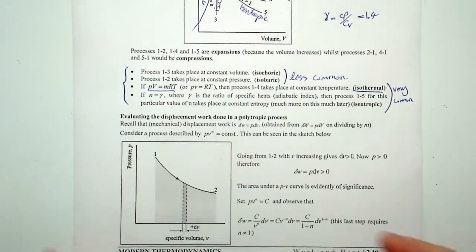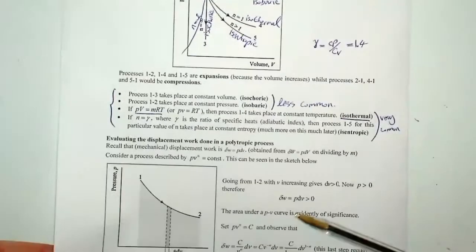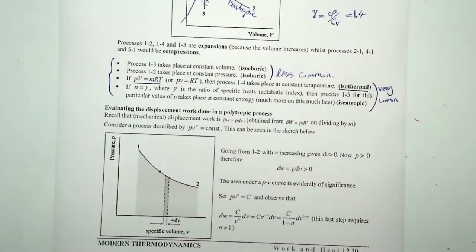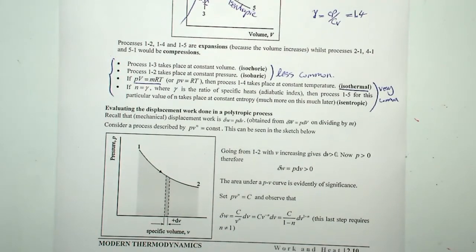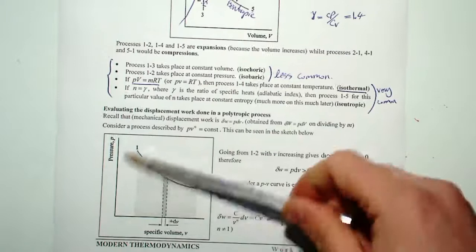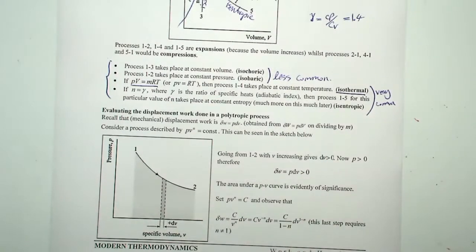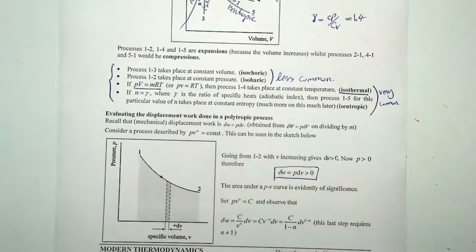It's one of those, it doesn't really matter for now. As you move from point 1 to point 2, specific volume is increasing, so dV, the change in specific volume, is bigger than 0. Pressure has to be bigger than 0 as well, because there's no negative pressure here. Therefore the change of work should be positive as well. So you're doing some useful work here.